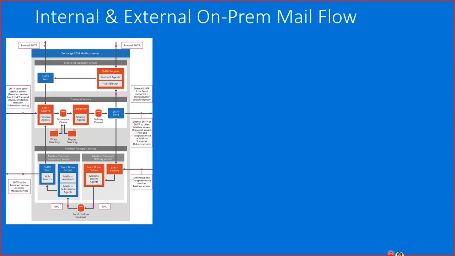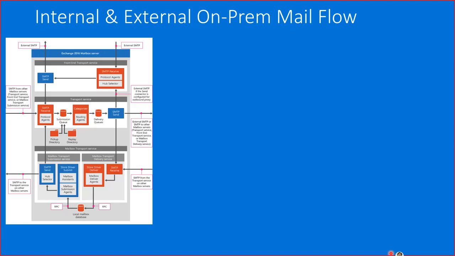The names are kind of confusing, but the mailbox transport submission service is responsible for picking up emails submitted by the local user, which is supposed to be sent to another user. So the transport submission service is basically responsible for picking up emails from the mailbox and delivering it to the transport service to get it routed.